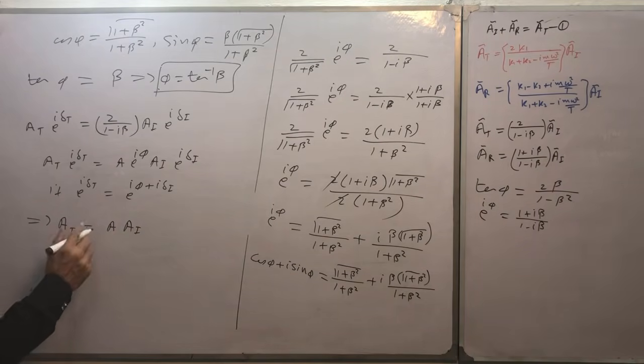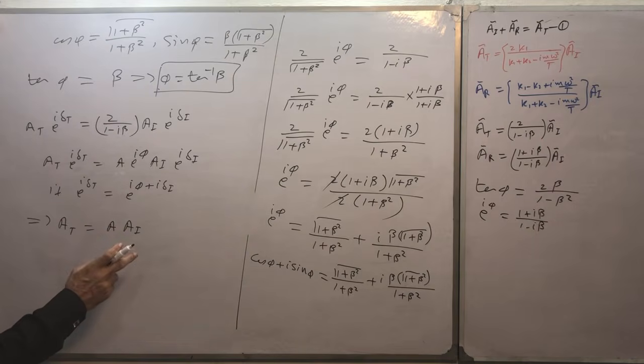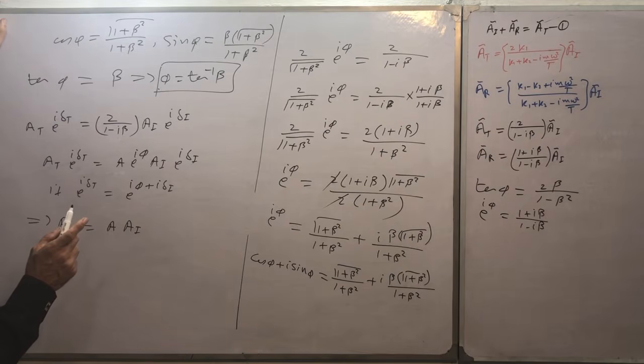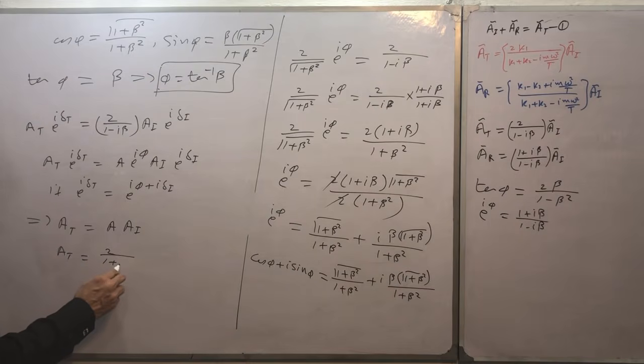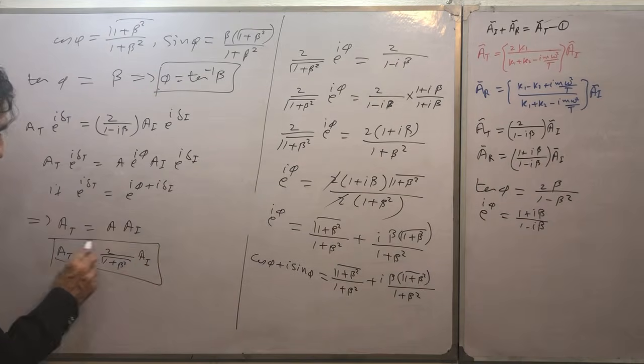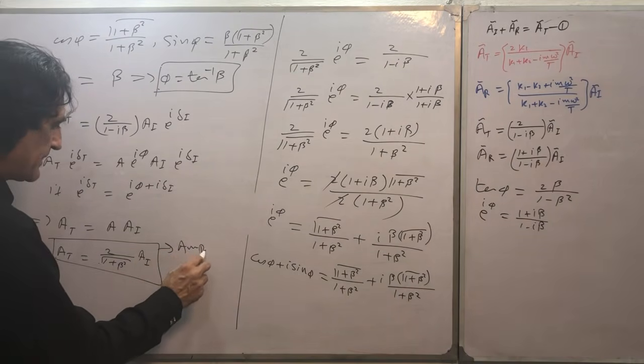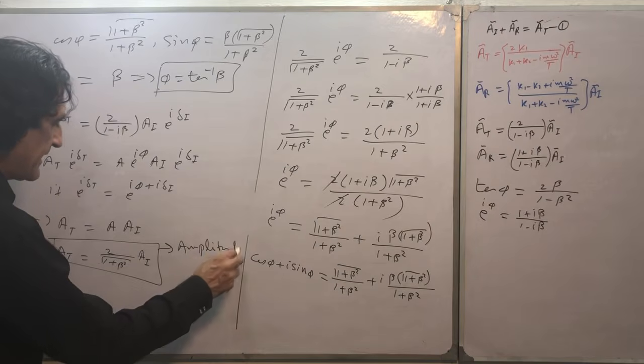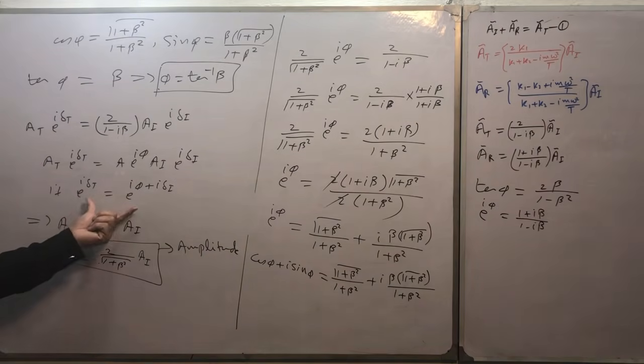And we know about the value of A. We have already calculated it, the value of A is 2 divided by the square root of 1 plus β squared. So A_t is this times A_i, and this is the amplitude. Then find the phase from here.